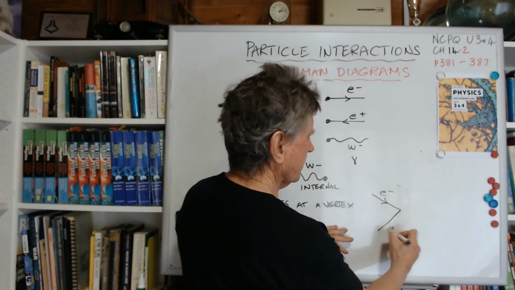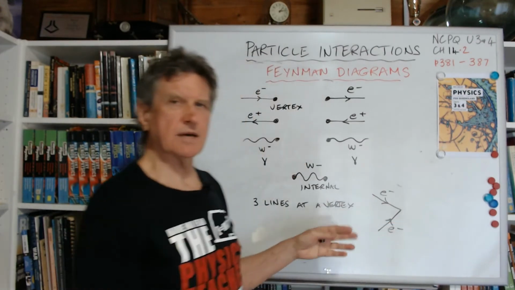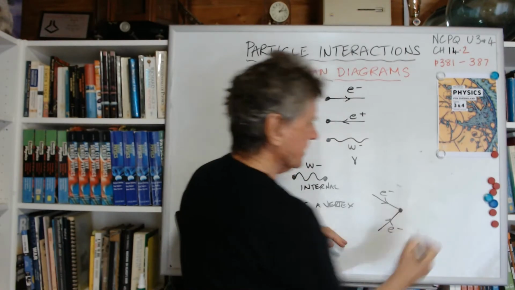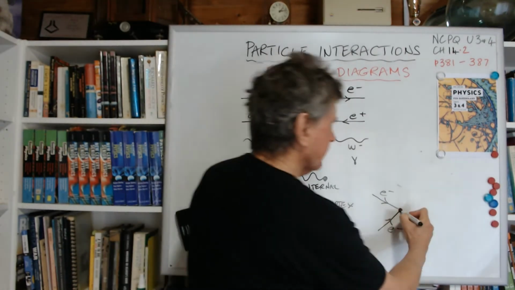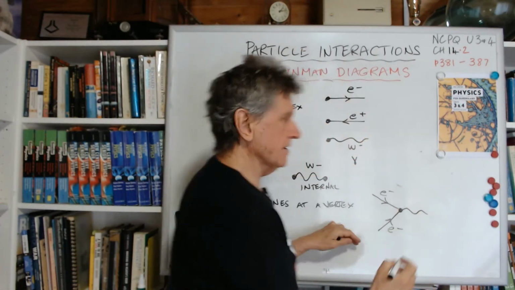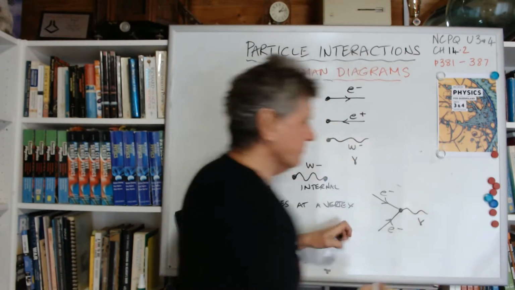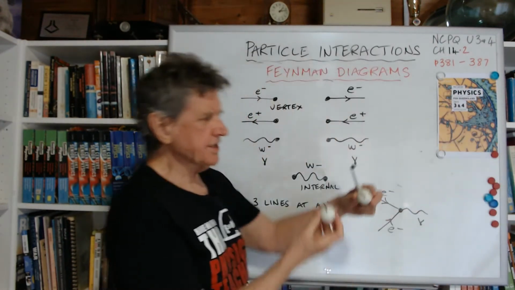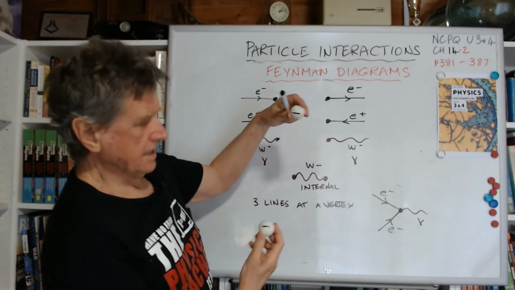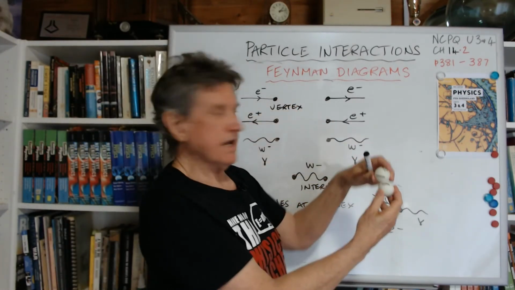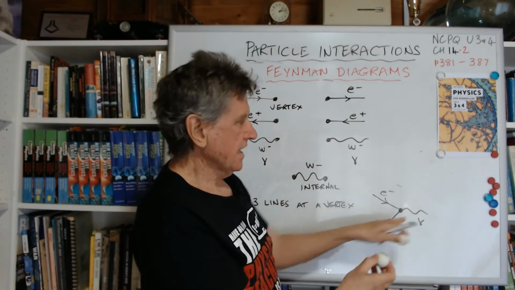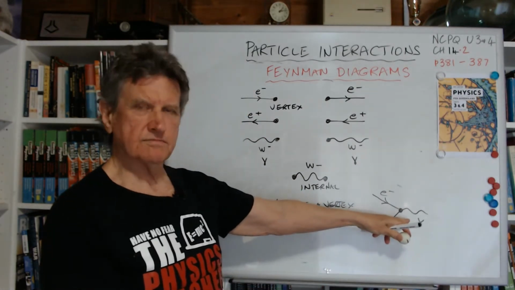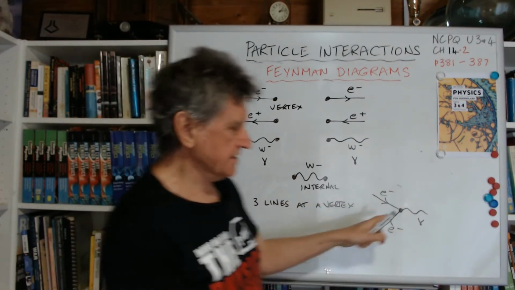There's 2 electrons coming together, approaching each other, and something happens to them. Let's imagine they turn into a photon of light. Here's my 2 electrons, they come together, something happens at the vertex and they turn into a flash of light if you like, a virtual photon. Okay, so that's how you'd represent it.